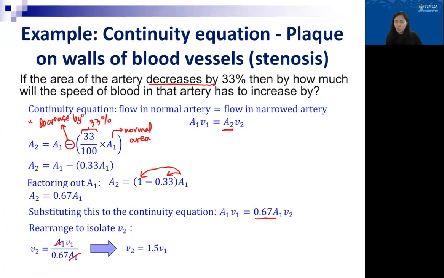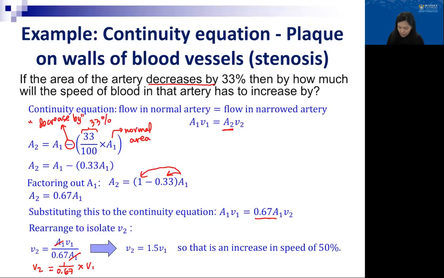So 1.5 came from 1 divided by 0.67. Essentially, you have V2 is equal to 1 divided by 0.67 times V1, if you separate out the numbers from the letters. Which means that the increase in speed is 50%.